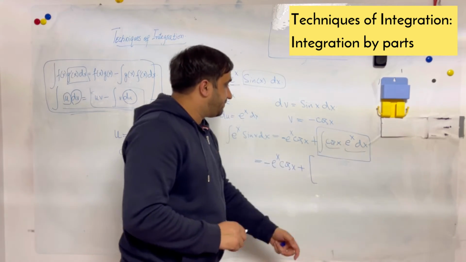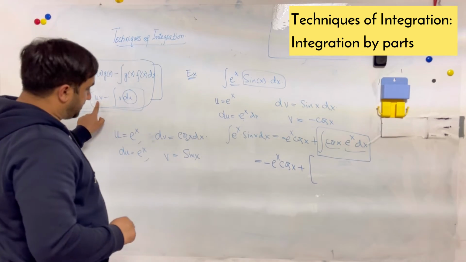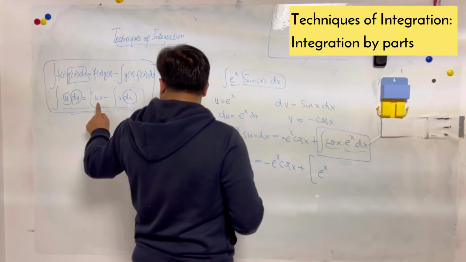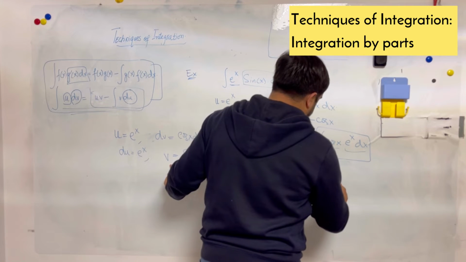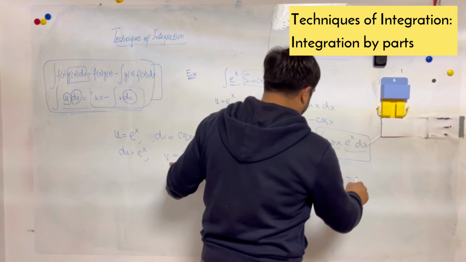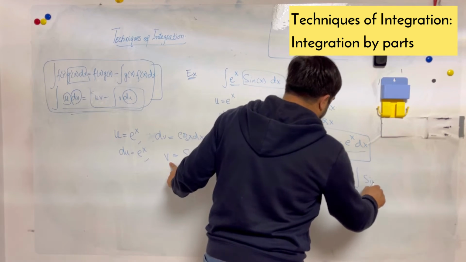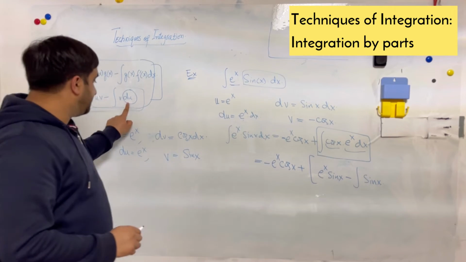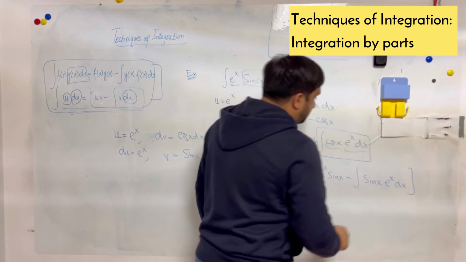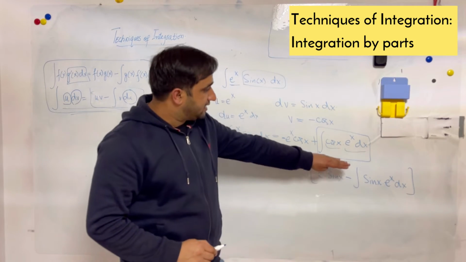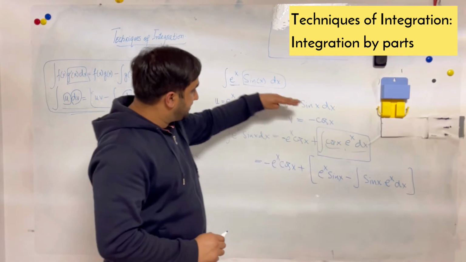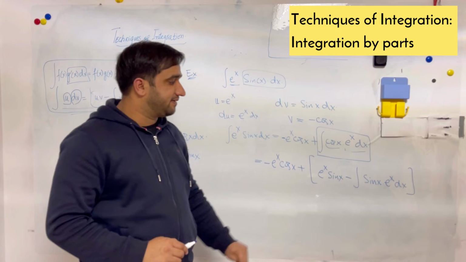The same formula: uv, e power x times sin x, minus the integral of v, which is sin x, and du, which is e power x dx. We got this expression by applying the integration by parts formula on this integral.